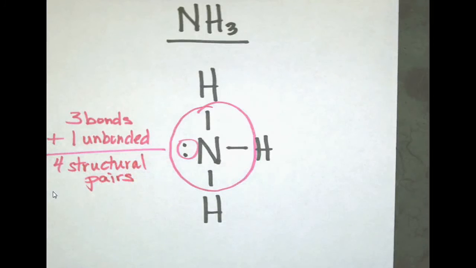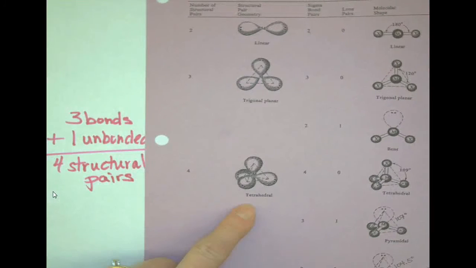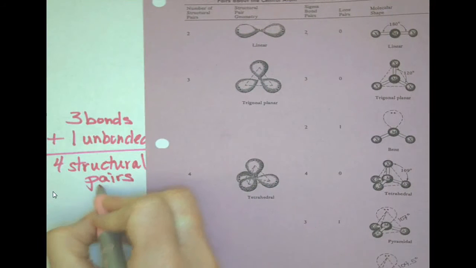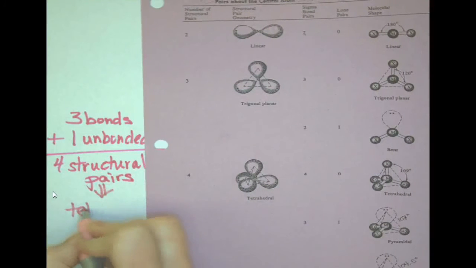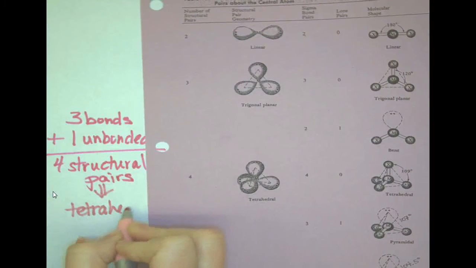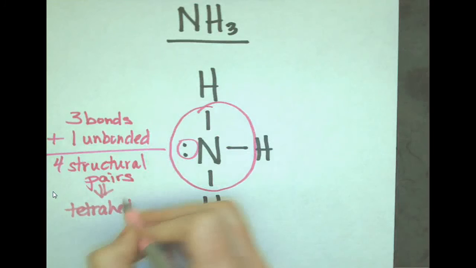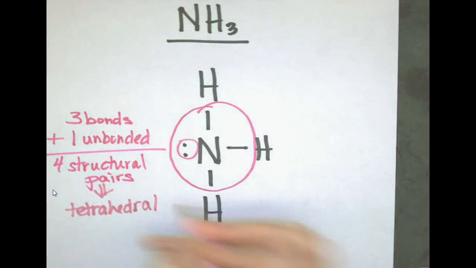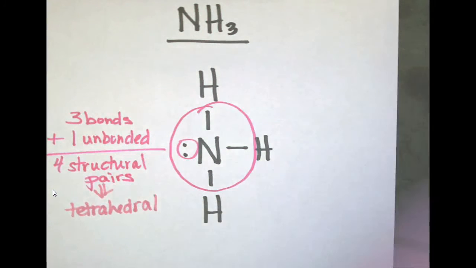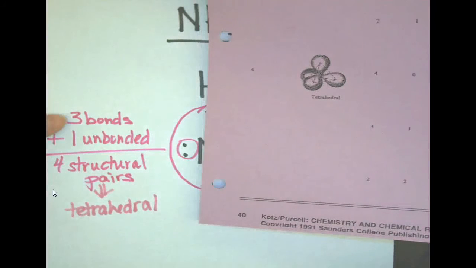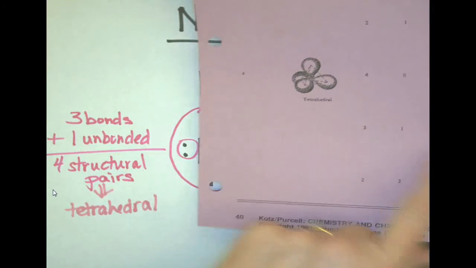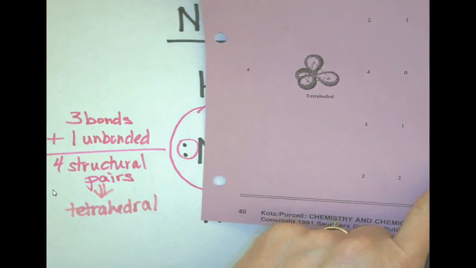I look back at my reference page. 4 structural pairs tells me that it is tetrahedral. And then if I continue with the 3 bonds and the 1 unbonded, 3 and 1 tells me that that is going to be pyramidal in shape.